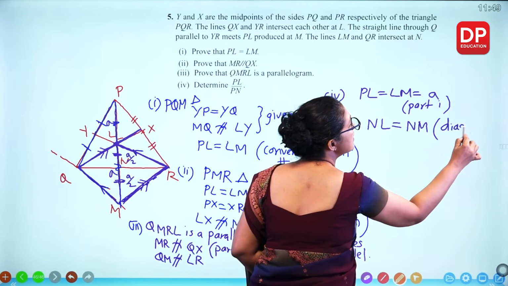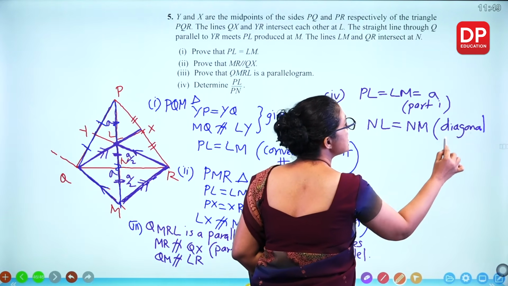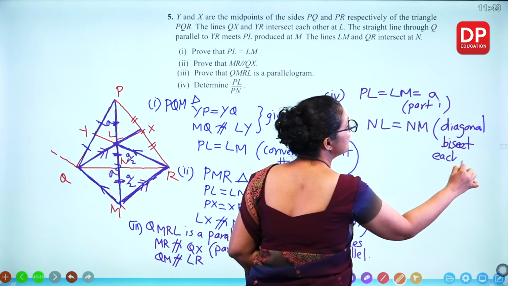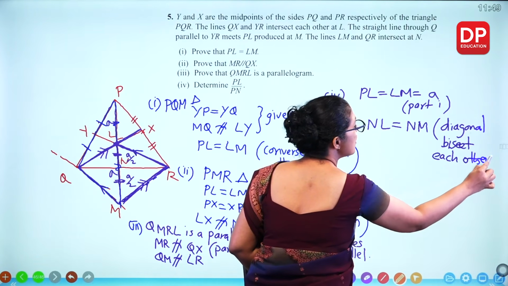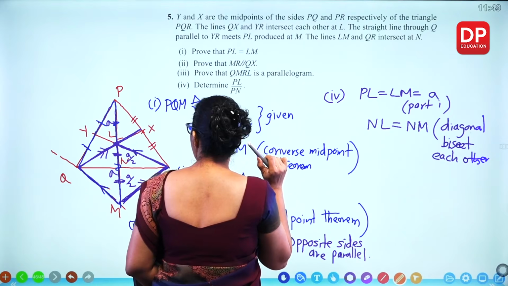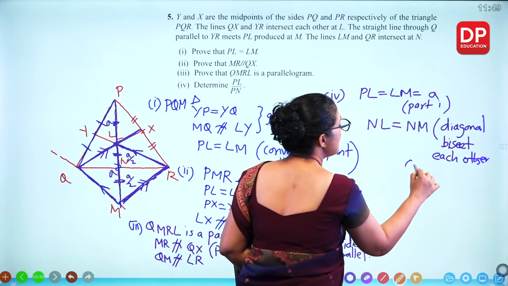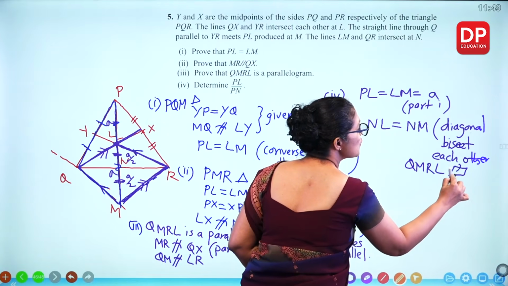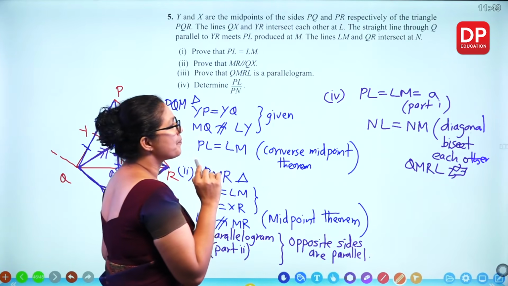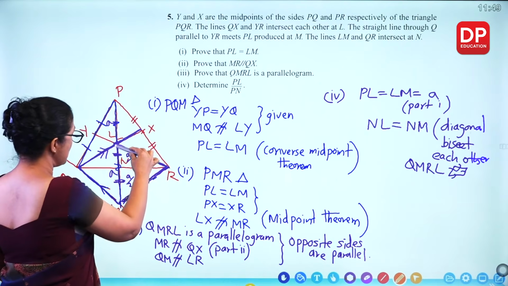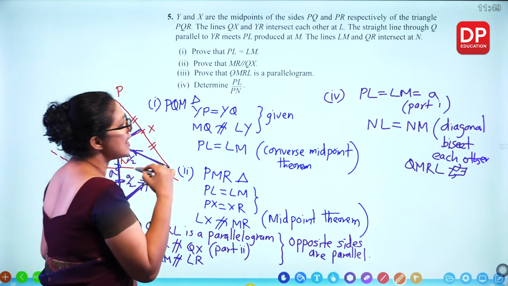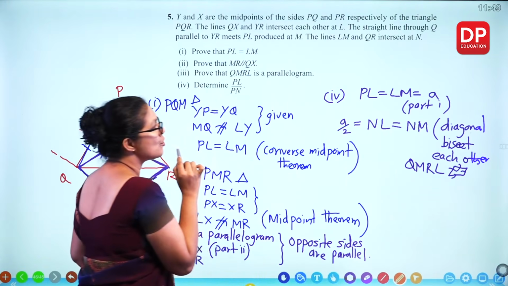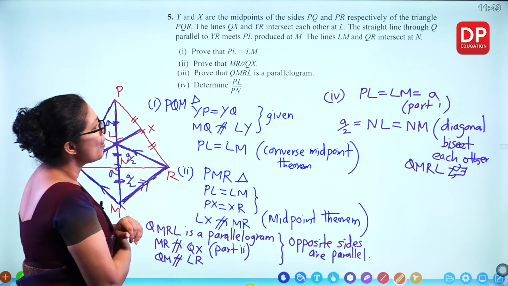Diagonals bisect each other because of QMRL parallelogram, because we found out that's a parallelogram. Now if this is A, so this is A over 2. Now we'll take the ratio.